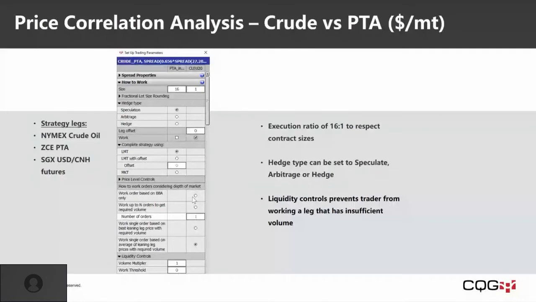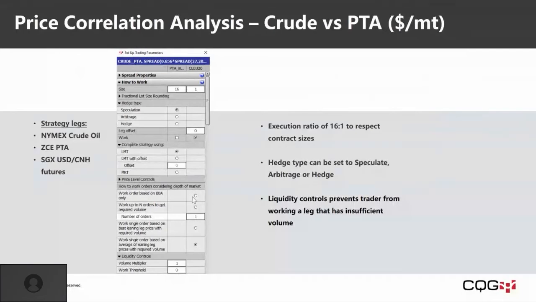And what I'm going to do then is I'm going to take this PTA in USD and I'm going to spread it against WTI. So I'm obviously using a spread ratio and price ratio, which was described earlier.